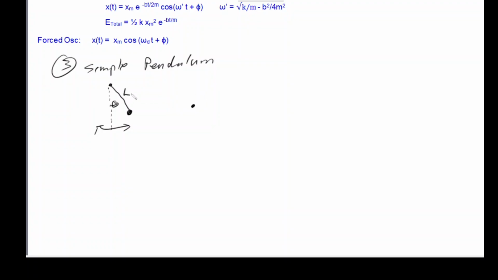this string has length L, and that has a force equal to the tension, and you have the weight of the mass, or the force due to gravity, and we have here Fg cosine theta, and in this case we have Fg sine theta.